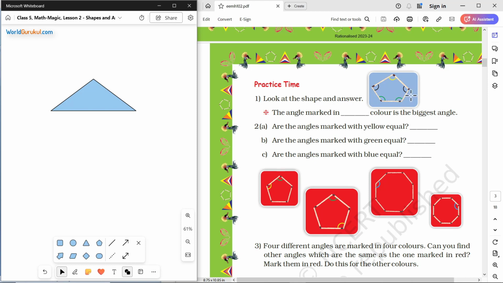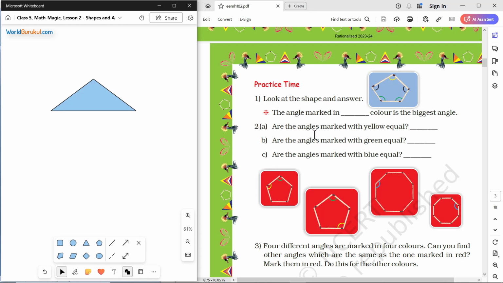By the way, this is a five-sided shape, and a five-sided shape is called a pentagon. You might have heard about the Pentagon in some context. I'll give a clue, you find out. That is related to the United States of America, USA.